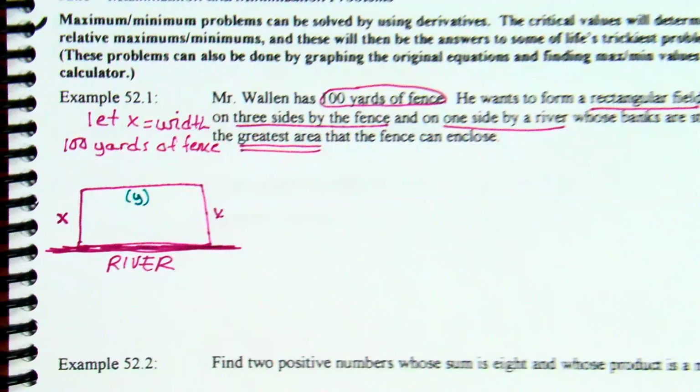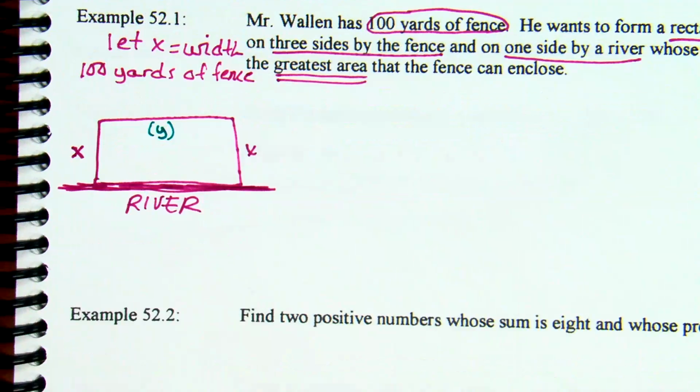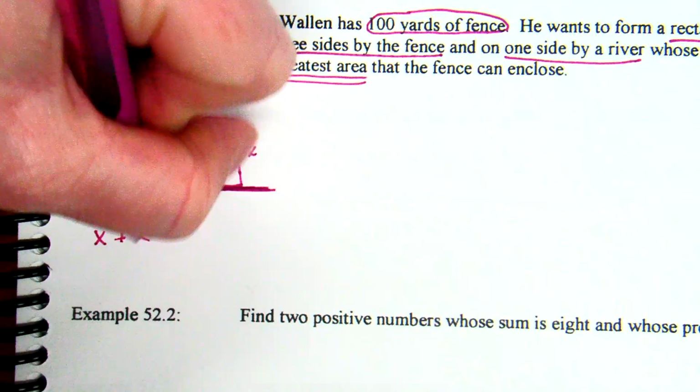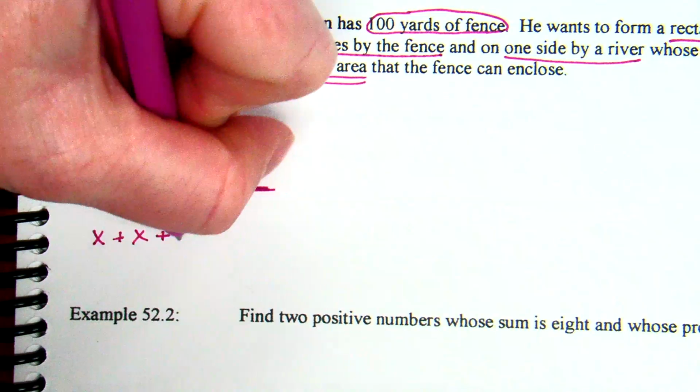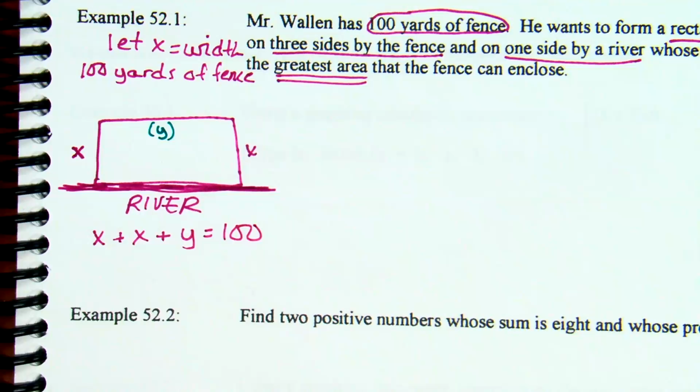How does this play into things? Perimeter of the 3 sides. So the idea that side X plus what I'm currently calling side y has to equal 100. Does that make sense? What can I do with this equation?